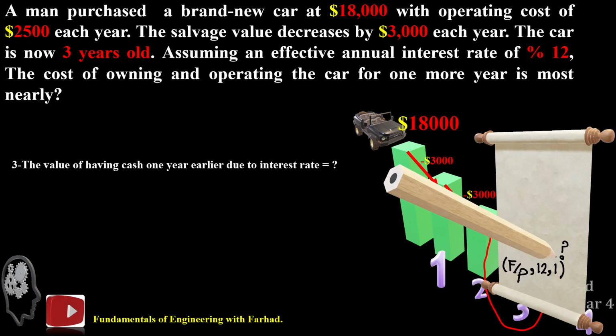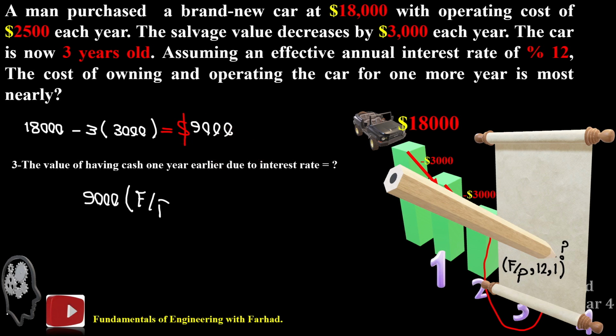And yet we have to add the third component, which is the value of having cash on hand 1 year earlier due to the high interest rate of 12%. To do that, first we subtract from the initial cost of the car the three drops by year three, because we are in year three, and that gives 9,000, the salvage value of the car.